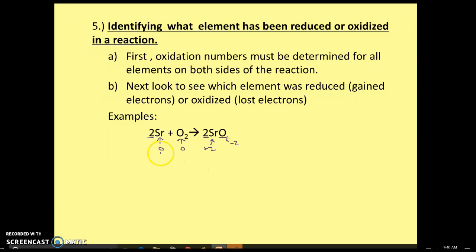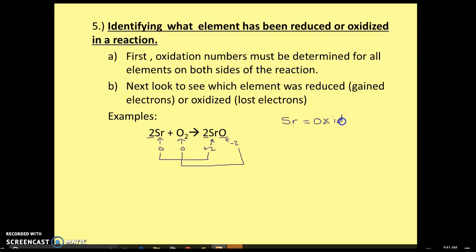Okay, so now we need to look at which one was reduced and which one was oxidized. So let's look at strontium first, Sr. It went from 0 to +2. So if it goes from 0 to +2, that means it must have gained electrons. Or sorry, not gained electrons. It lost electrons, so it was oxidized.